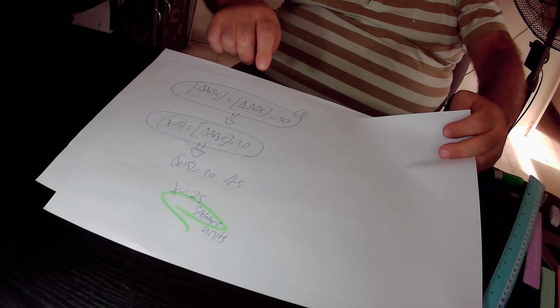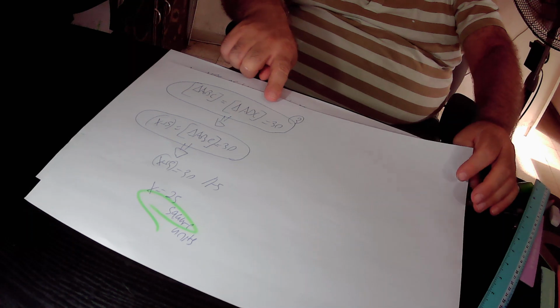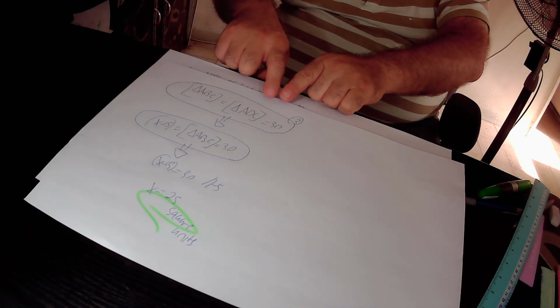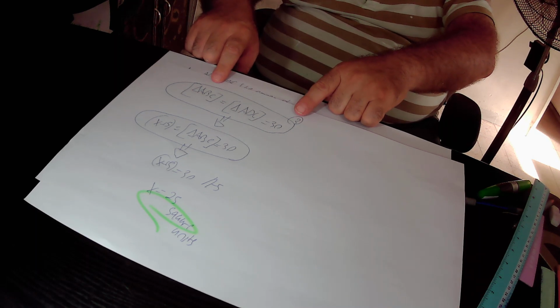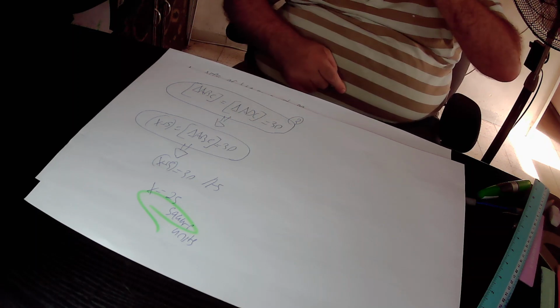From this equation, the area of triangle ABC equals the area of triangle ADC, which equals 30. We derive that the area of triangle ABC is also equal to 30 square units.